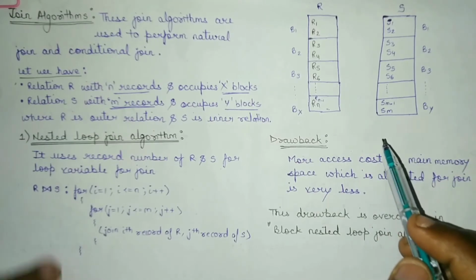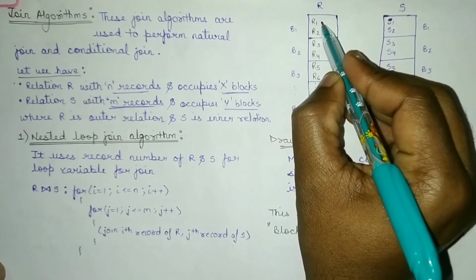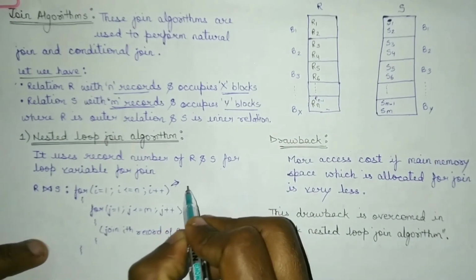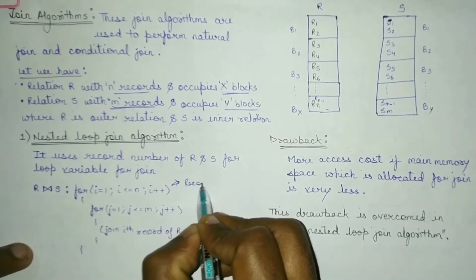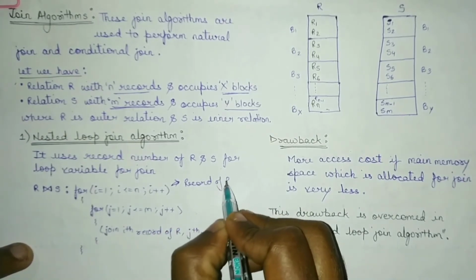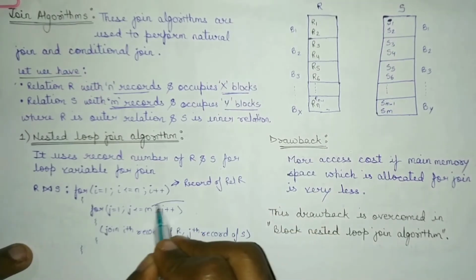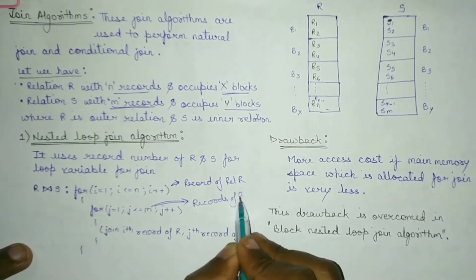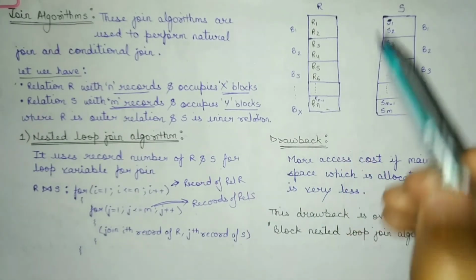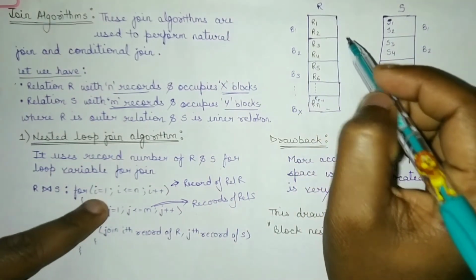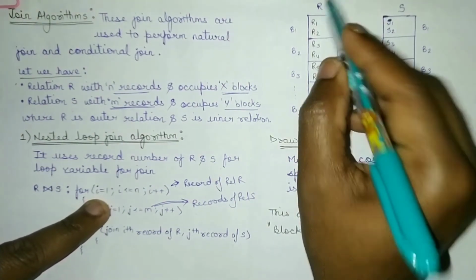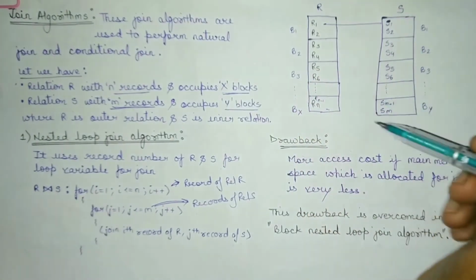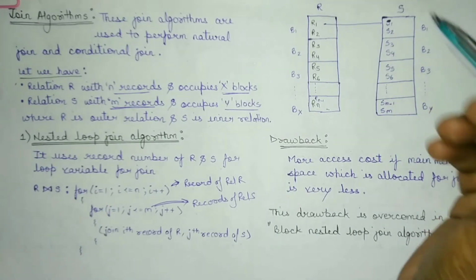In this for loop, n is the variable which shows the records of relation R, and m is the variable which shows the records of relation S. We will be taking the first record of relation R, which is R1, and mapping it to the tuples of relation S one by one.